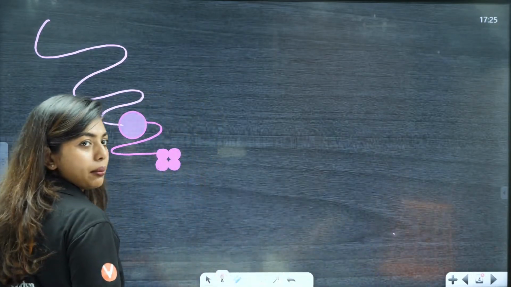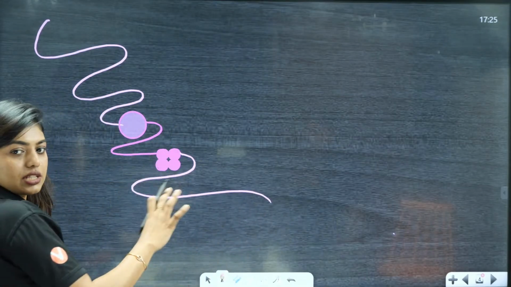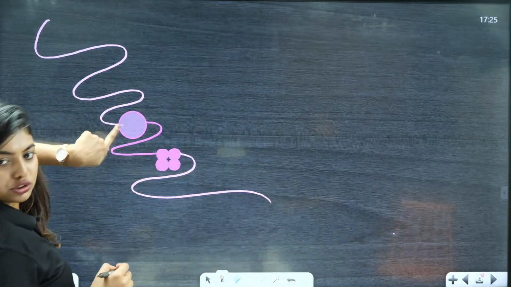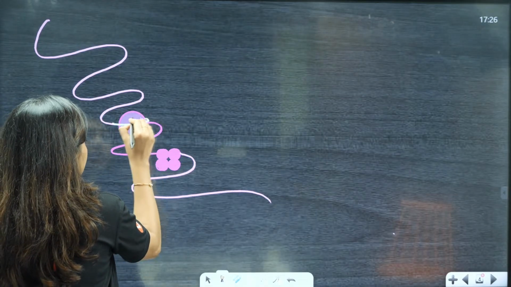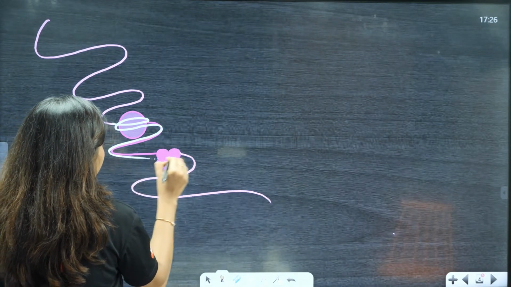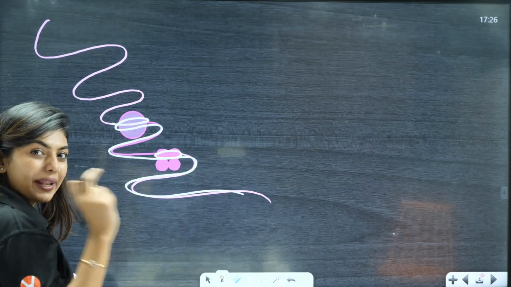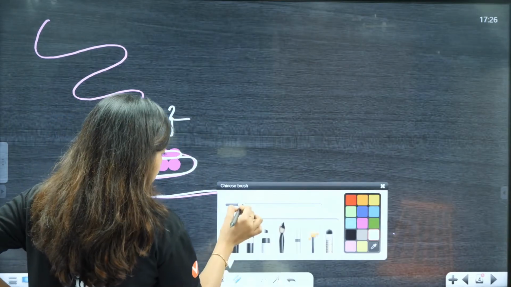Like this, the DNA's winding is going to happen, okay. So, this histone octamer, when it is wound like this, entire DNA winding is going to happen like this.